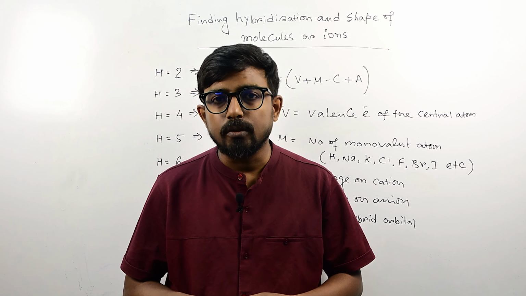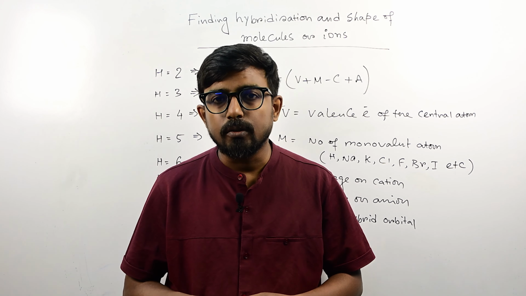If H equals 4, it is sp3 hybridized, and the shape of the molecule will be tetrahedral if all the hybrid orbitals are used to make bonds with the atoms. There are a total of 4 hydrogen atoms, and these 4 hybrid orbitals will make bonds with the hydrogen atoms.